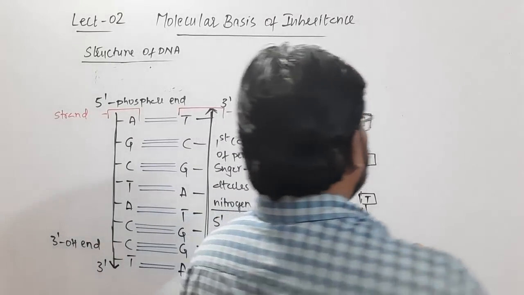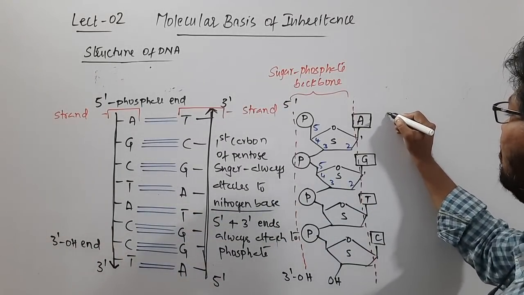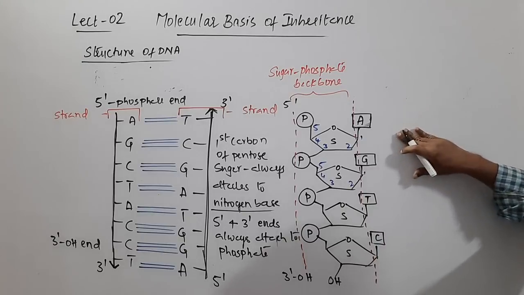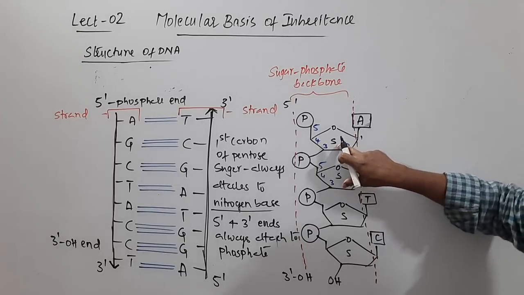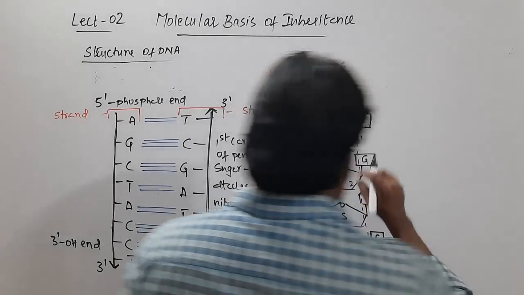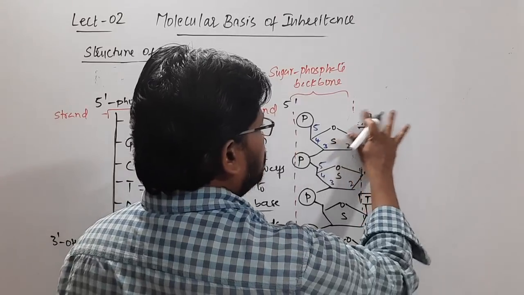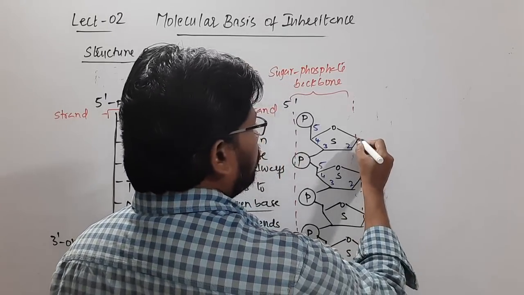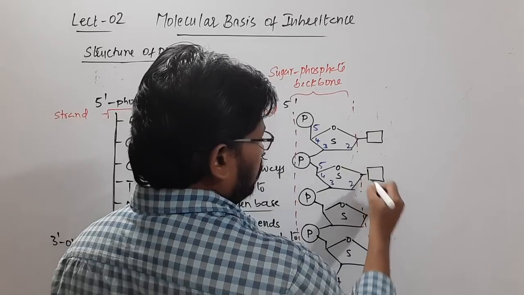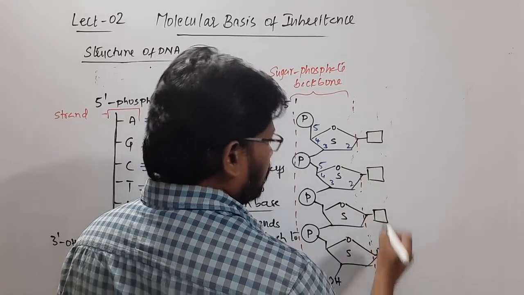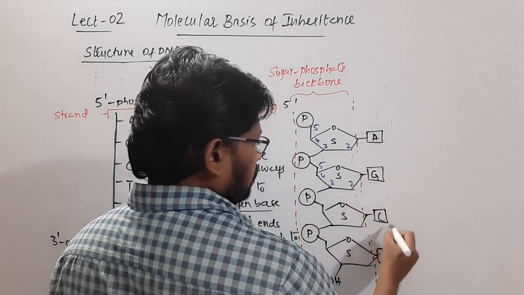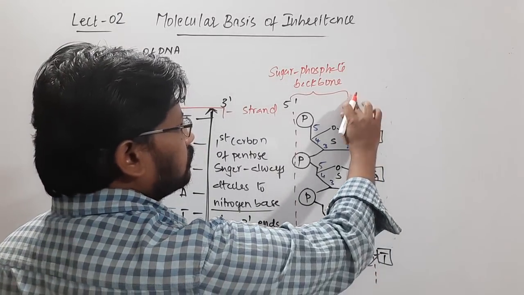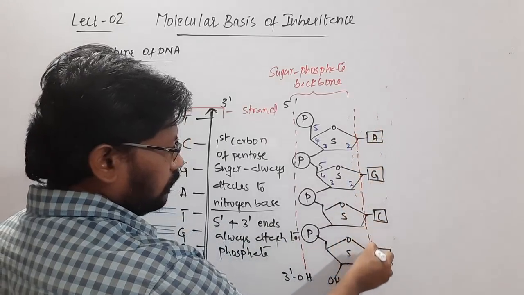Now coming to the opposite strand. While taking the opposite strand, we need to see that the pentose sugar is inverted.